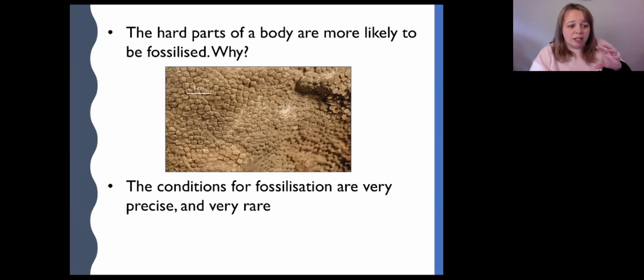The conditions to fossilize flesh are actually very, very difficult and very, very rare. Things that might have fallen into a peat bog or into tar might become a completely mummified fossil, something that needs to be preserved precisely. So a lot of our fossils don't get that process, so you'll find that they aren't anything other than the hard parts. The hard parts for us would mean our bones.